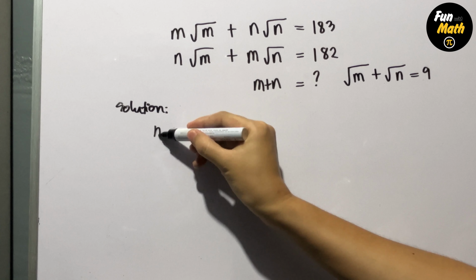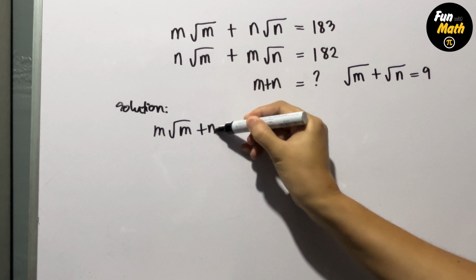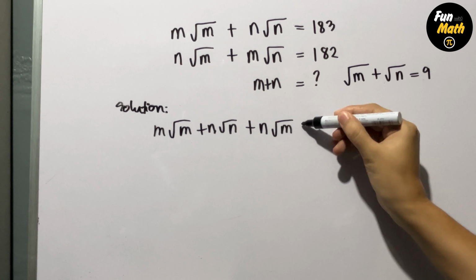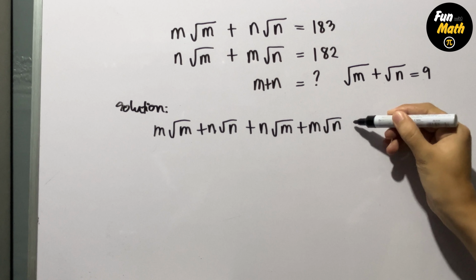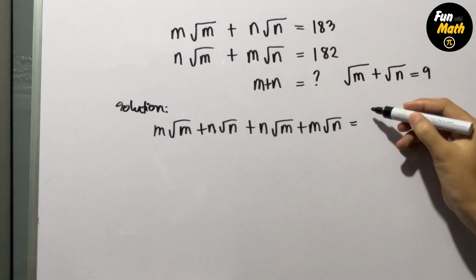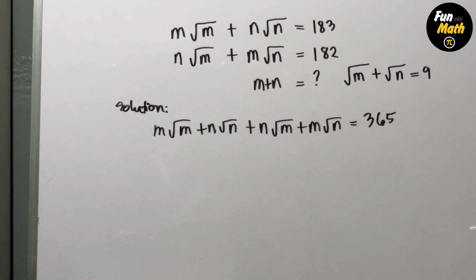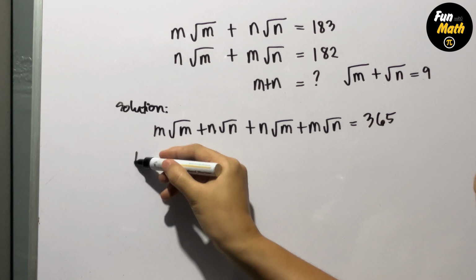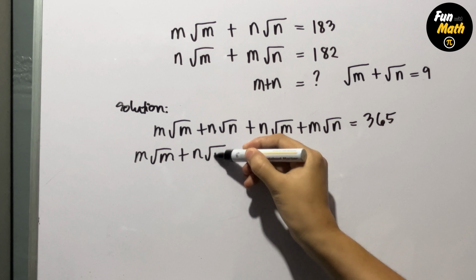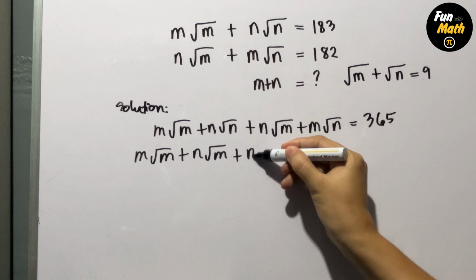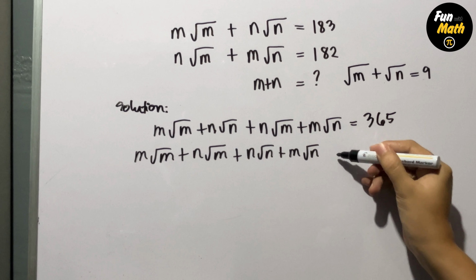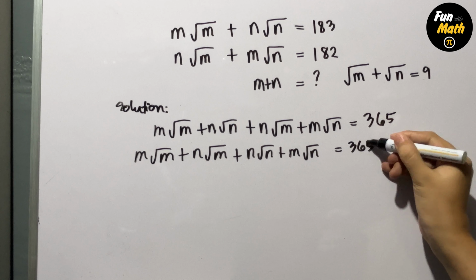So this is now m square root of m plus n square root of n plus n square root of m plus m square root of n equals 183 plus 182, that is 365. Now let's arrange this: m square root of m plus n square root of m, and then plus n square root of n plus m square root of n equals 365.